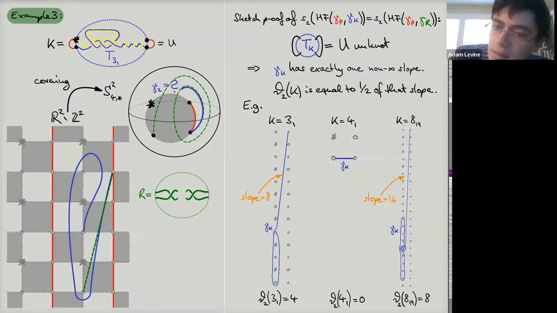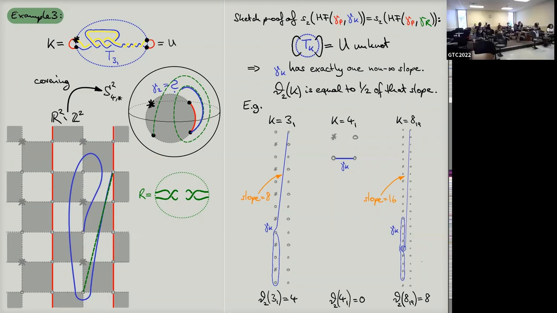Can I ask a question? Yeah, sure. You said if the winding number is 1, then you expect to get more than one integer slope?